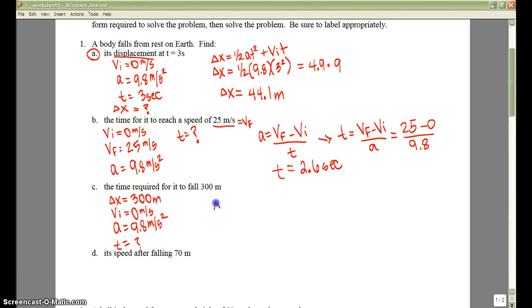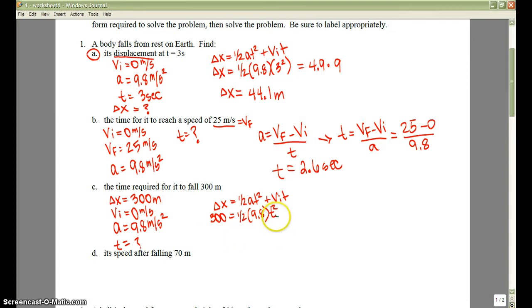The equation we're going to use is the same one we used for our very first problem, 1/2 at squared plus v initial times t. So we plug in 300, we have our acceleration of 9.8, we don't know our time, so we put t squared, and our initial velocity is 0, so anything 0 times t is still 0. We can get rid of that part.